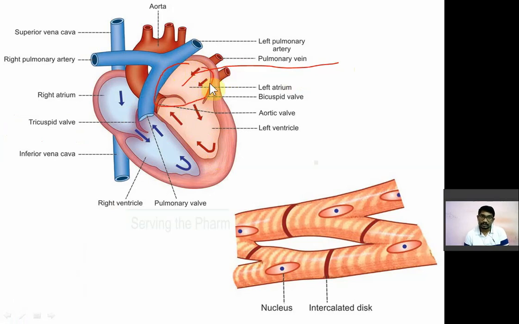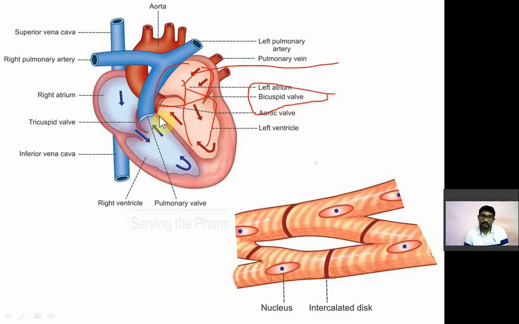From the left atrium blood goes into the left ventricle, and the bicuspid valve prevents backflow.